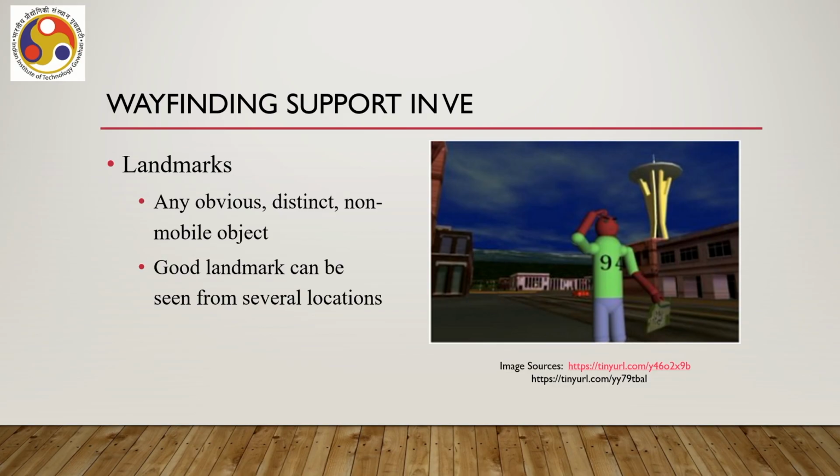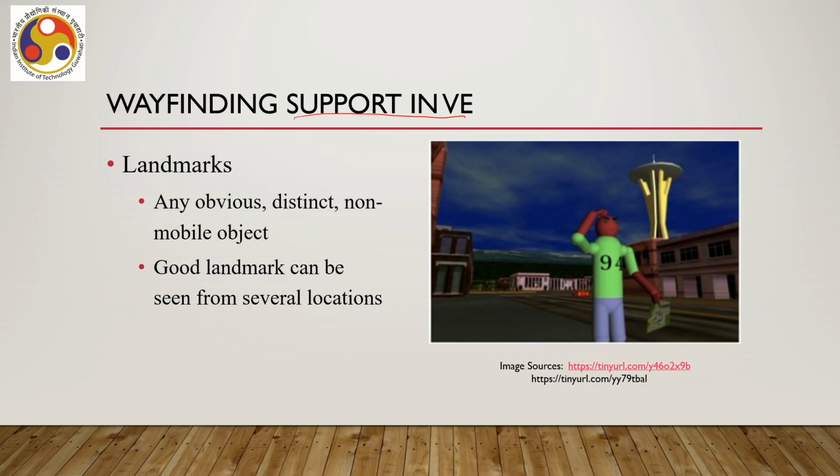Then what is required for the system to provide a good, immersive user experience is some sort of support for wayfinding. Note that it is not sufficient to provide good travel support only.